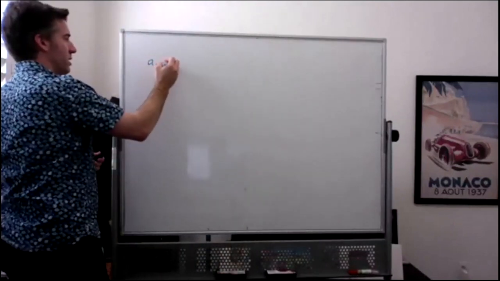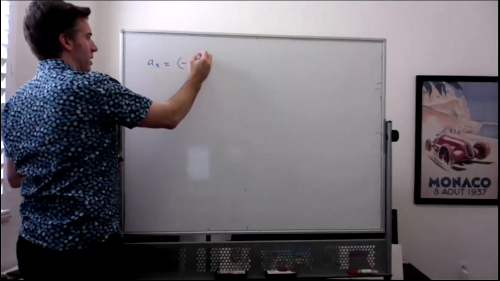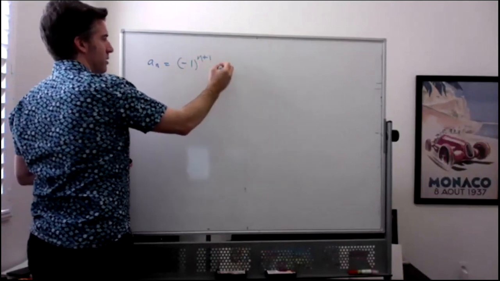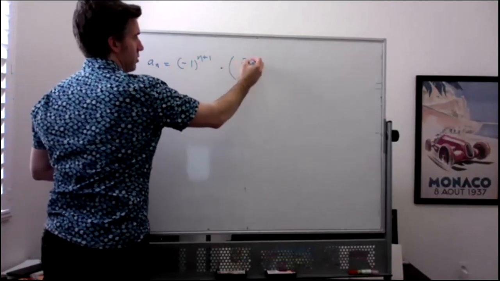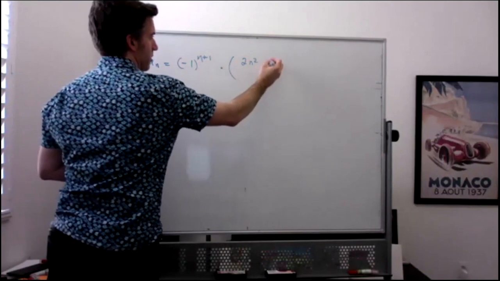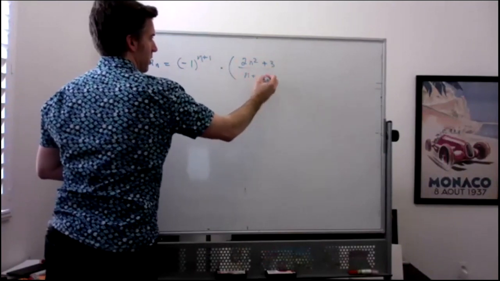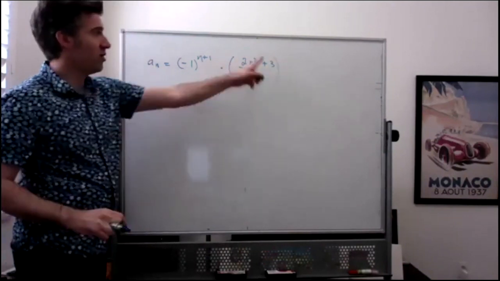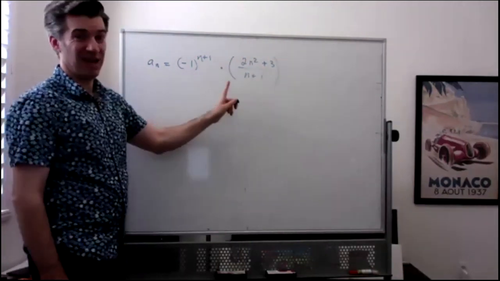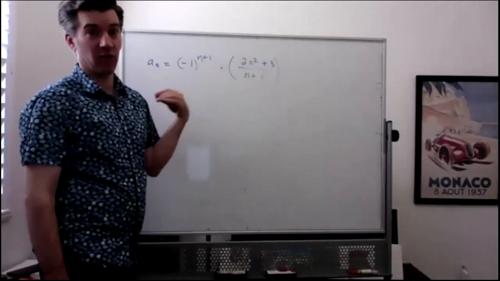I'll just point out for this alternating sequence, -1 to the n plus 1 times 2n squared plus 3 over n plus 1, we know this part, since the degree on top is higher, is going to diverge to infinity.